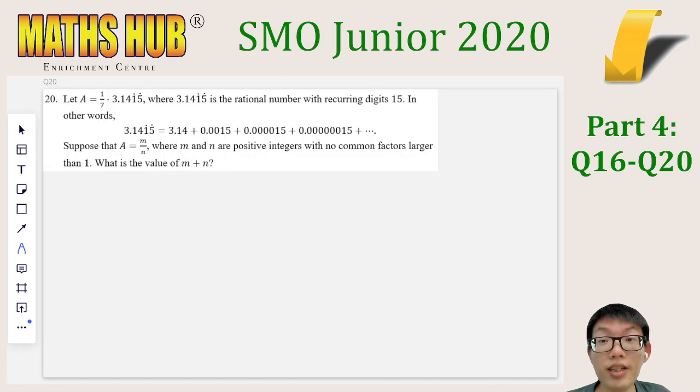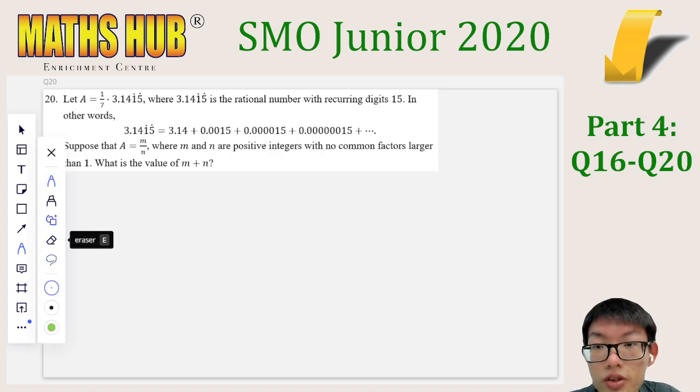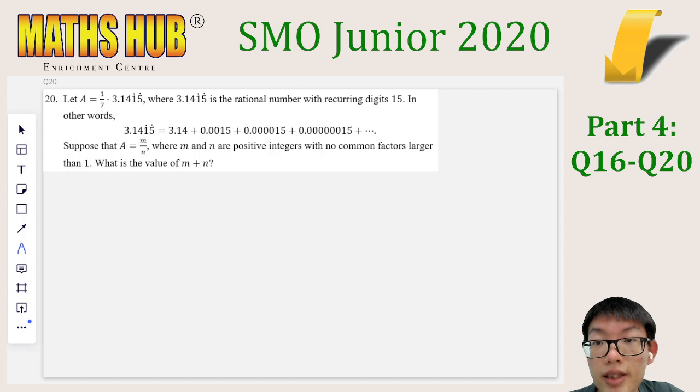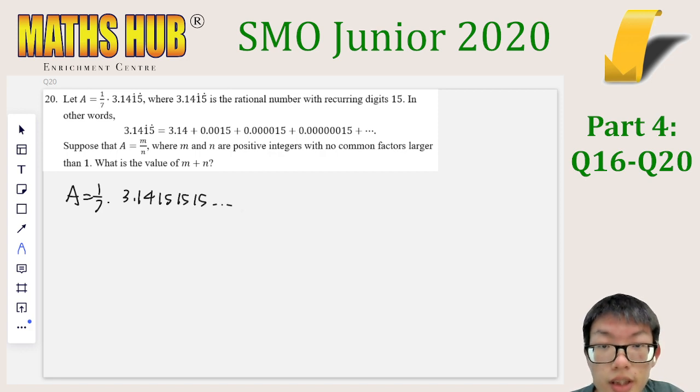Now, finally, we move on to question 20, which is actually far easier than all the rest if you have already seen the approach for how we convert recurring decimals to fractions. So in this problem, A is 1 over 7 times 3.1415151515, which is kind of meant to remind you of pi, but really has nothing to do with pi whatsoever.